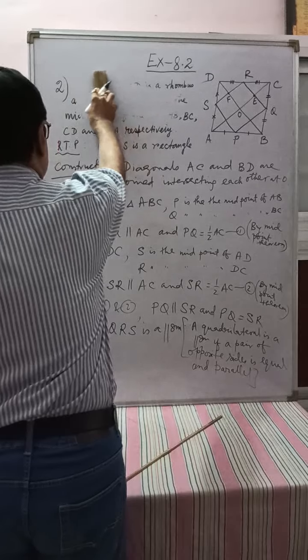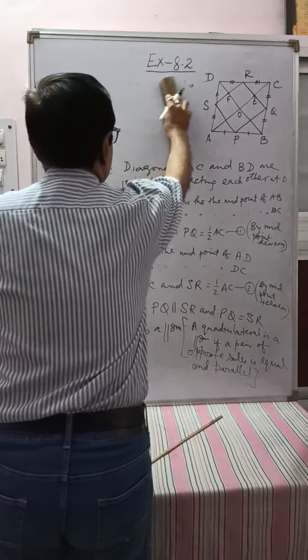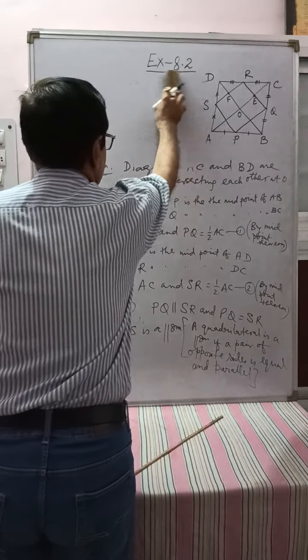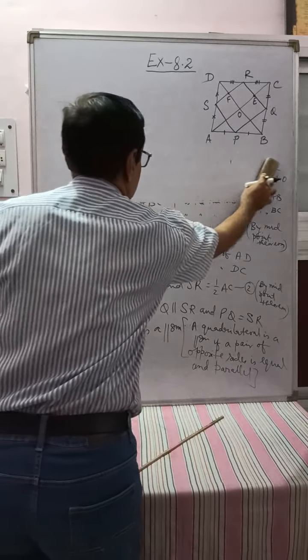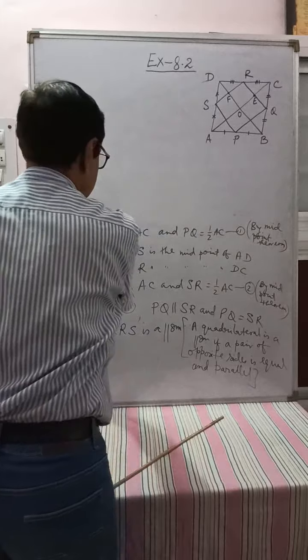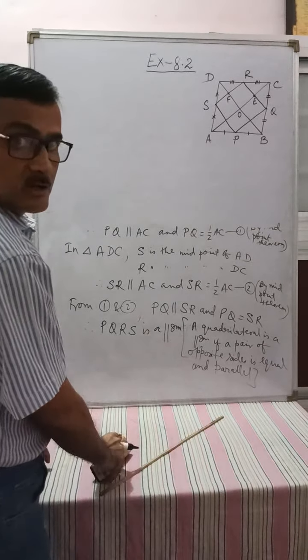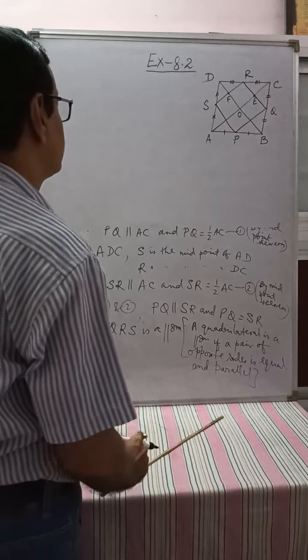So in the flow chart we have shown that the first part is proved, that PQRS is a parallelogram. Now we have to prove that one angle of this parallelogram is 90 degrees.